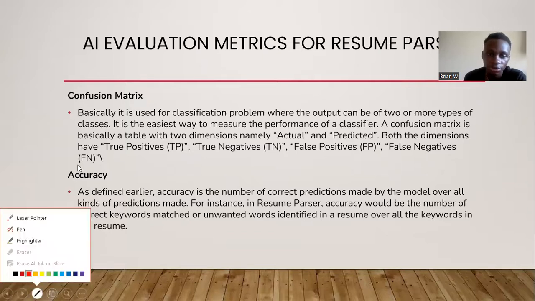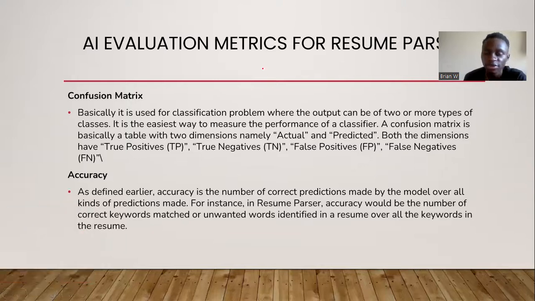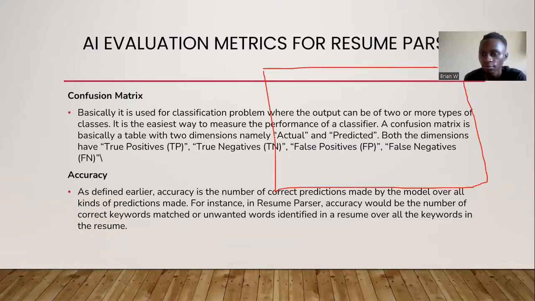So for example, we may have here a table of 4 columns. For true, we have 1. For false, we have 0. For positive, we have 1. For negative, we have 0.